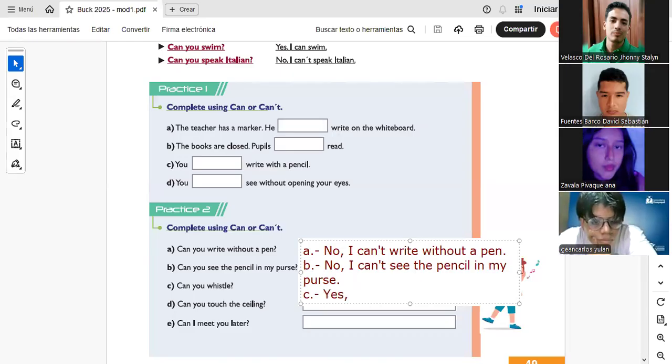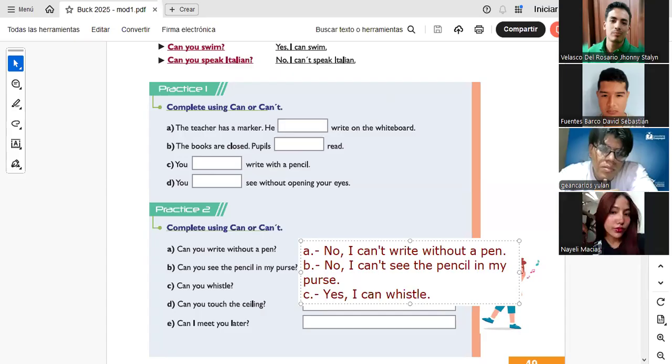Yes, I can whistle. What is whistle? Whistle is like that sound. Don't translate, but that is to whistle. Okay, that sound that you make with your mouth. Okay, that's to whistle. I cannot. Okay, but Anna says that it is possible for her. Okay, yes, I can whistle.